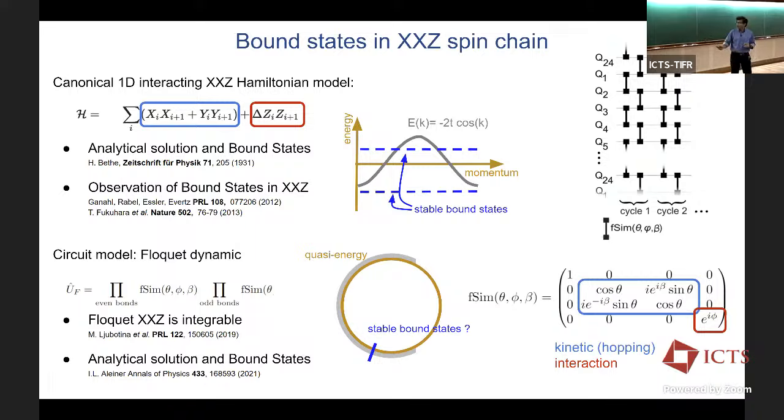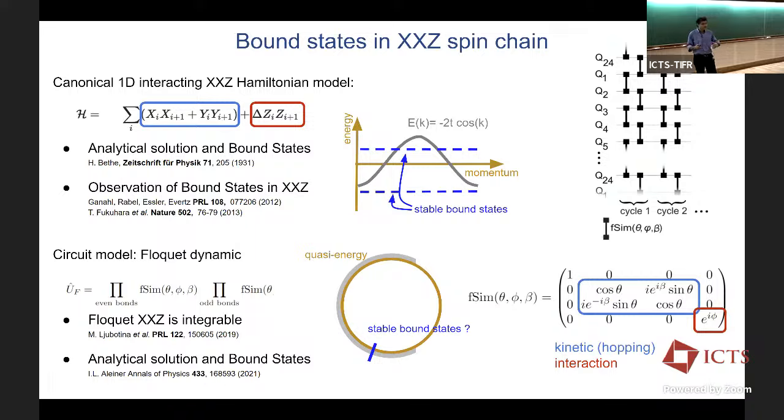If you take these Floquet steps, these unitaries, to very small theta and phi, you realize the Hamiltonian. But if you don't go small, then you have the Floquet version of the Hamiltonian, Floquet dynamics. That's also integrable, and there is a work from our team, Igor Aleiner, who shows that it also has a bound state. So that's the starting point for this experiment.